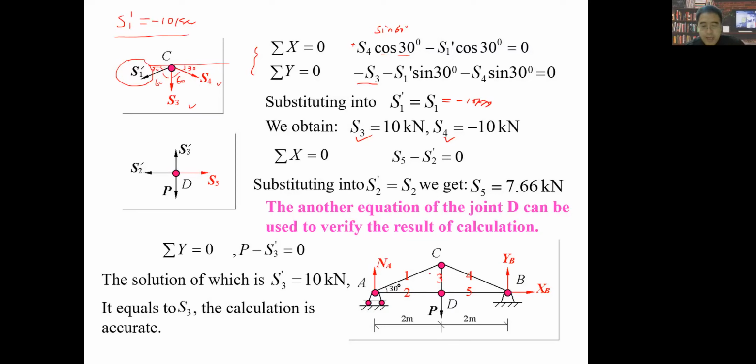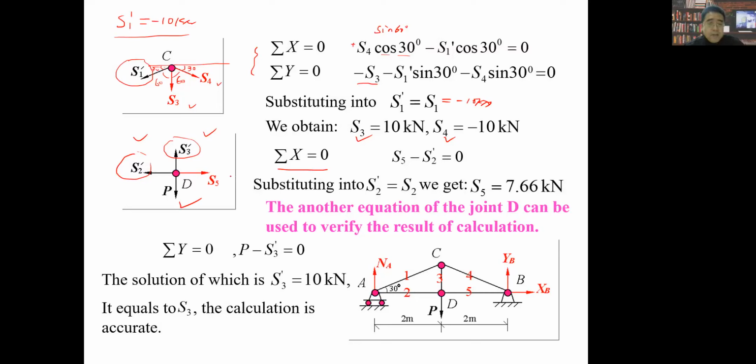After joint A and joint C, we only have member five, right? So once again, we can select D as a joint. Because S2 prime and S3 prime are also known, all known. This is the active force with a magnitude of 10 kilonewtons, also known. So we only need one direction equation, sigma x equals 0.